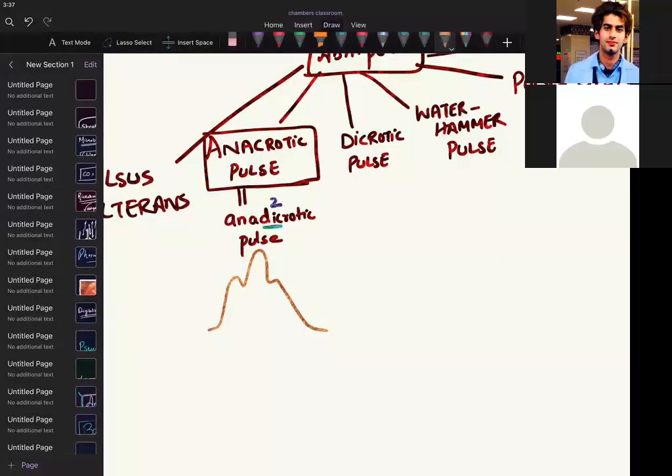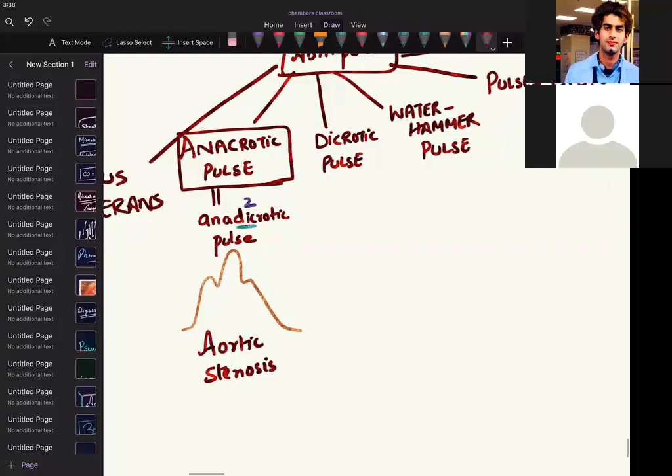Anacrotic pulse is seen in the heart valve disease known as aortic stenosis. Definitely this should happen. Aorta is stenosed, so the upstroke will be slow, and the sloping will also become slow.